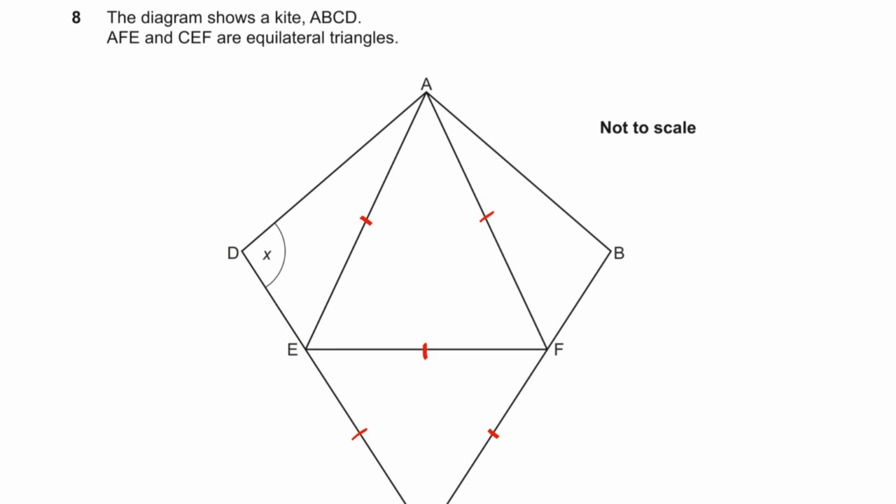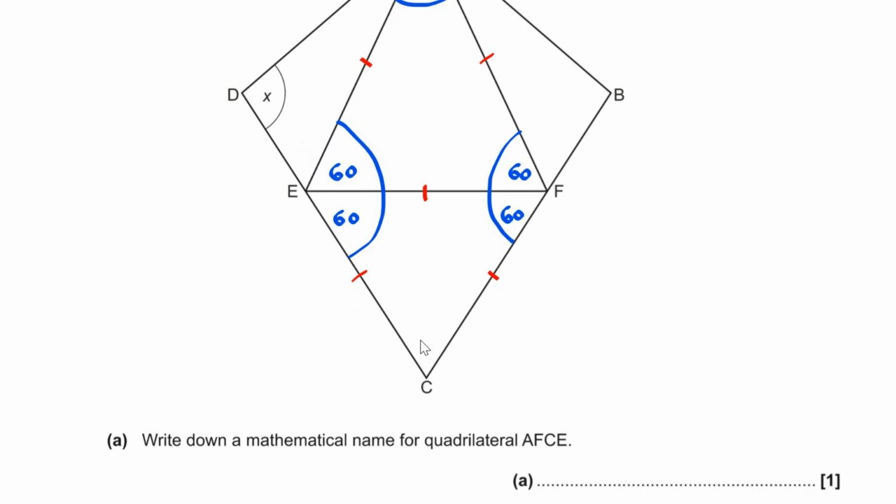And if we add on some angles, we've got 60 degrees here. We'd have 60, 60, 60, and 60 degrees here. And we'd also have 60 degrees here.